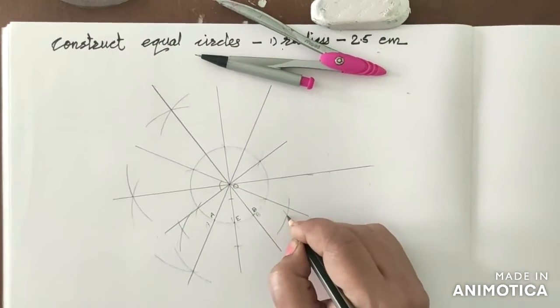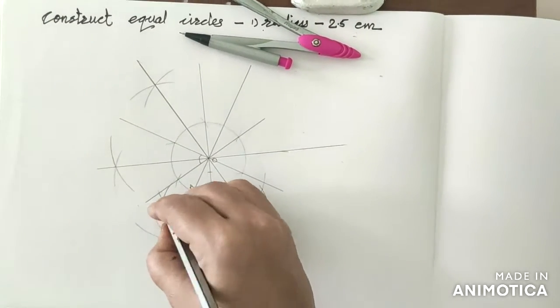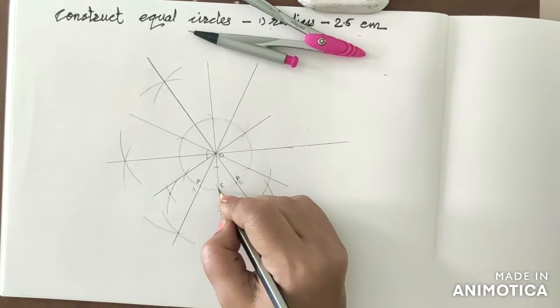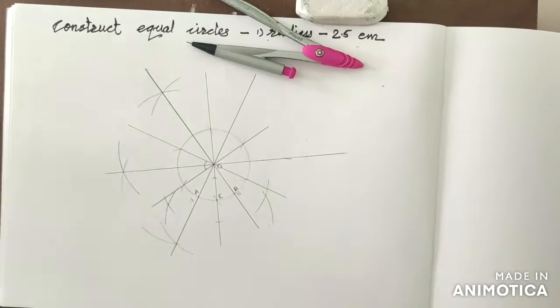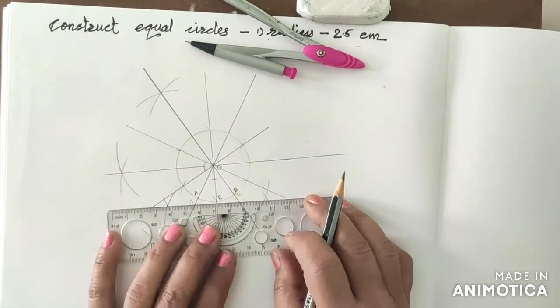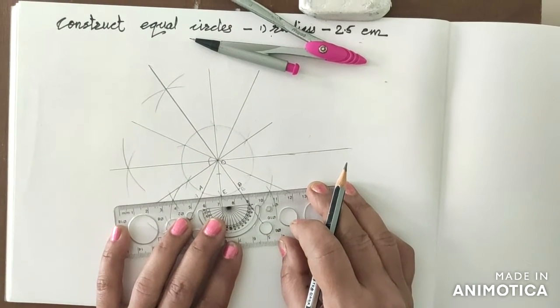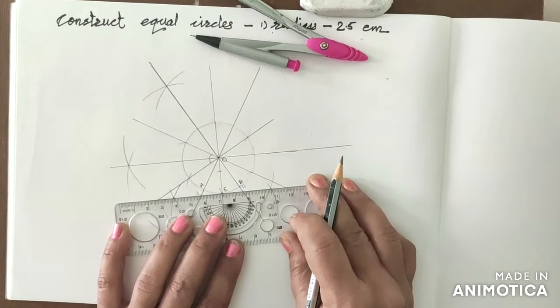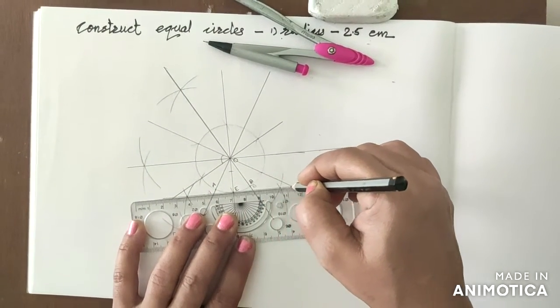So we get again 2 more points crossing that arcs, and this one. Join all the 3 in one line. In this way.